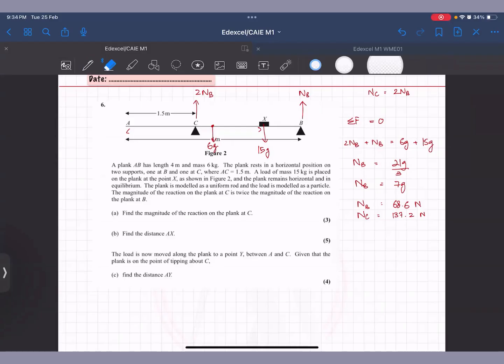The plank is uniform, so this means this 6g is definitely at the middle. From here till here it would be 2 meters, right? So this distance would be 0.5 meters, because AC was given to us as 1.5, so this small part is 0.5.